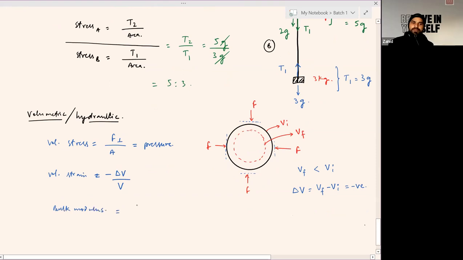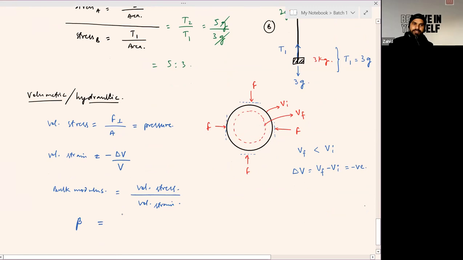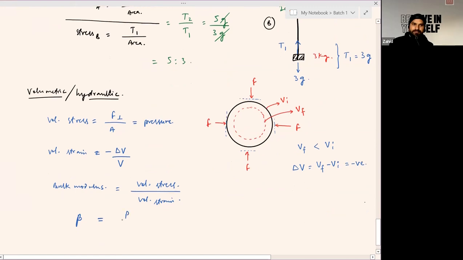So bulk modulus equals volumetric stress divided by volumetric strain. Bulk modulus is denoted by beta. Volumetric stress we have calculated as pressure, divided by volumetric strain as delta V by V. So on rearranging, you will get P times V divided by delta V.